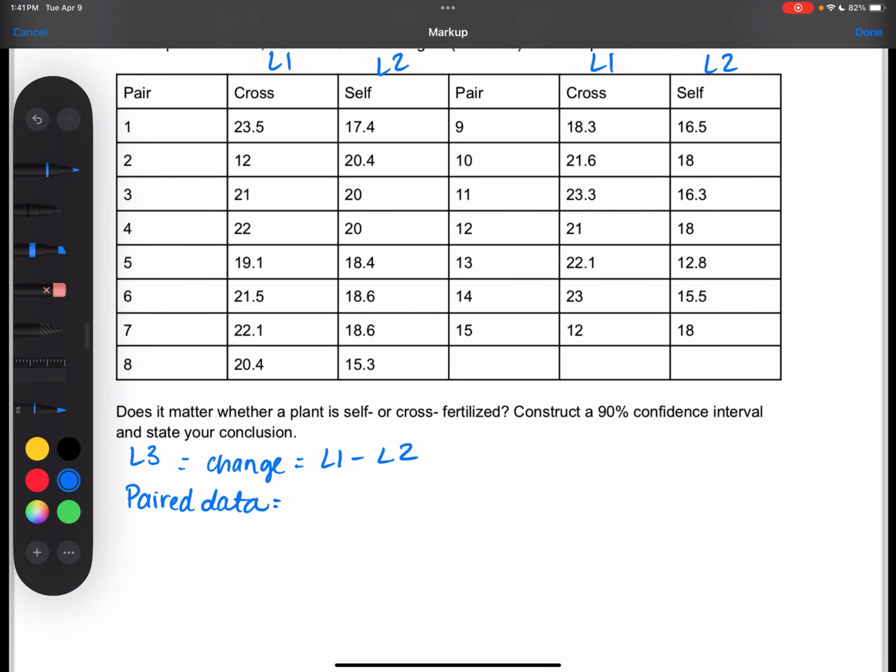So for paired data, while these plants aren't the same, because obviously each one's are different, but they're similar in pairs. Because one's cross-pollinated and one is self-pollinated within that particular pair. So that's fine to do paired data for that. Obviously, the ones we'd seen so far had pretty much been like before and afters and things like that, but this one's just a little different.